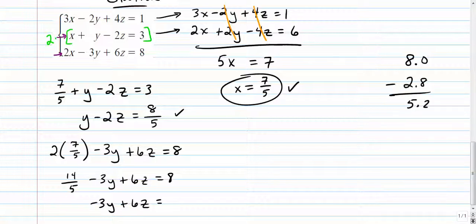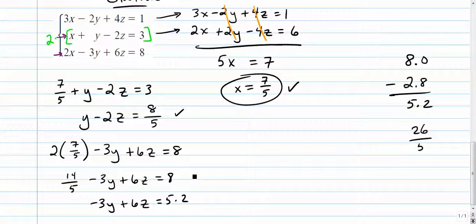So the difference there would be 5.2. If you're sticking with your fractions, 5.2 changes to, and we're looking for a denominator of 5, it'd be 27 over 5. Nope, 26 over 5. Sorry.